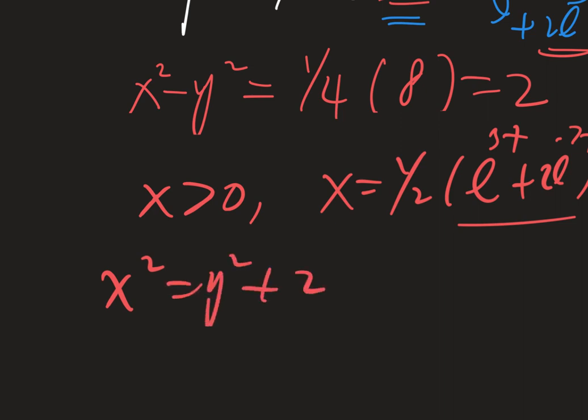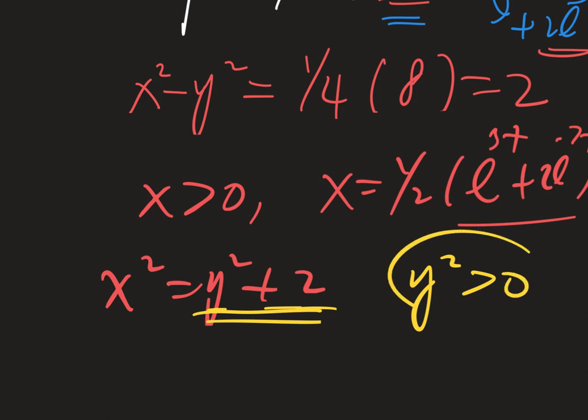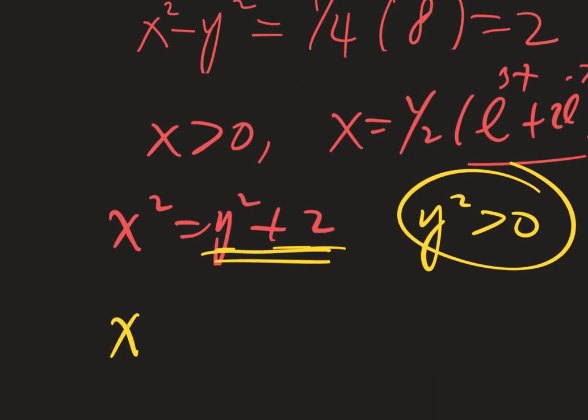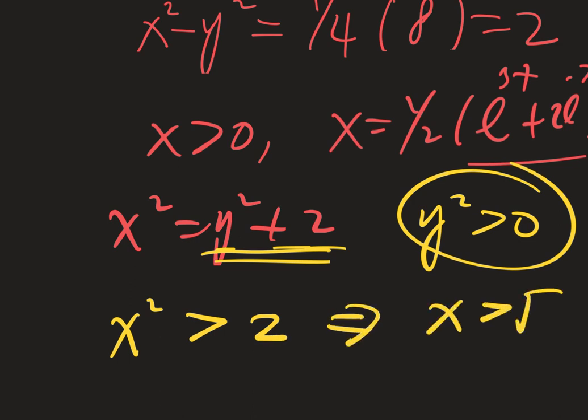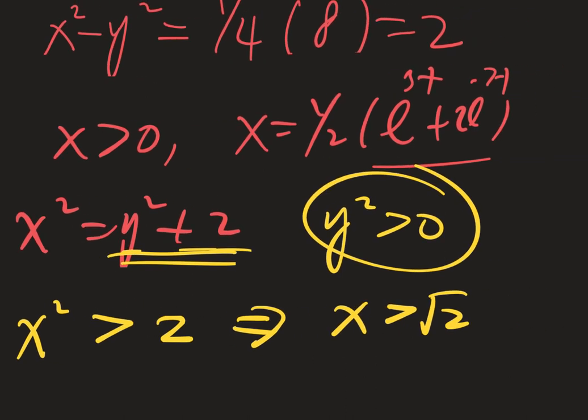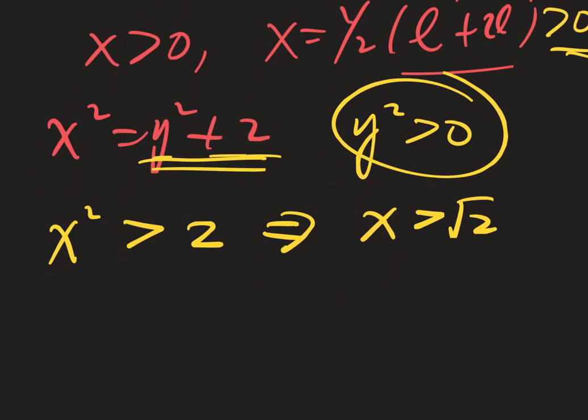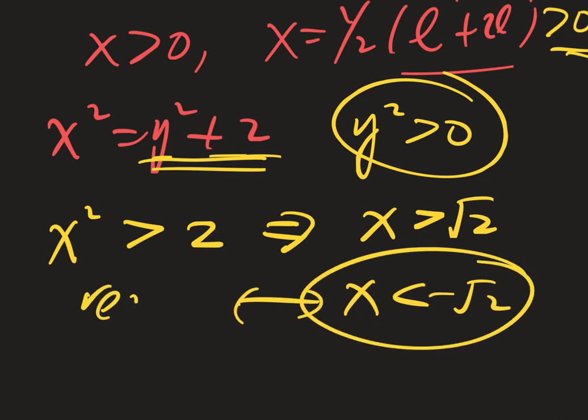So since y squared is always bigger than or equal to 0, x squared should always be bigger than or equal to 2. That means x has to be bigger than or equal to square root 2. Since e^(3t) is bigger than 0 already, there is no x lower than minus square root 2. This is not applicable. Rejected. Okay, got it? Thank you.